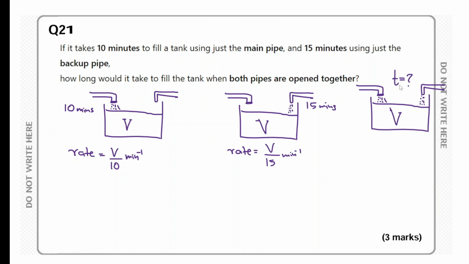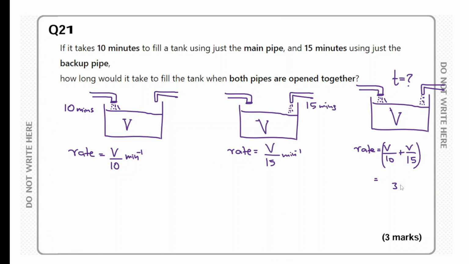Now, if you open both of them, obviously, the rate must be the sum. V over 10 and V over 15. Now, let's simplify this a little further. So, I can see the common denominator is 30.